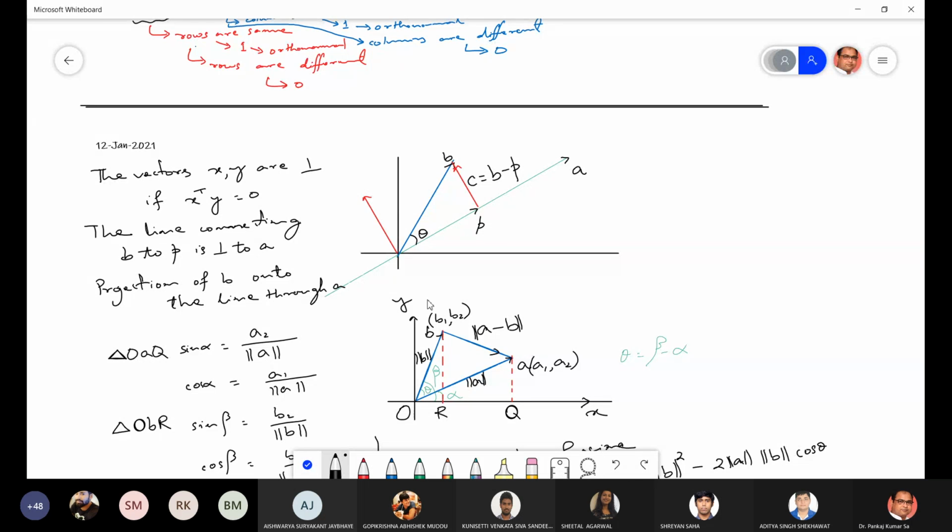And this is what it gives, and then what you have is this vector A transpose this vector, that gives you 0. That is what the orthogonal is.